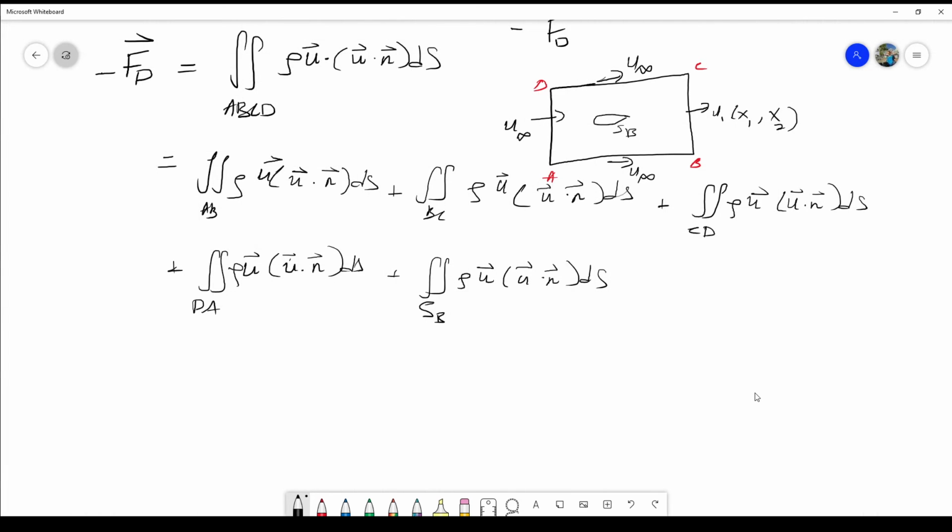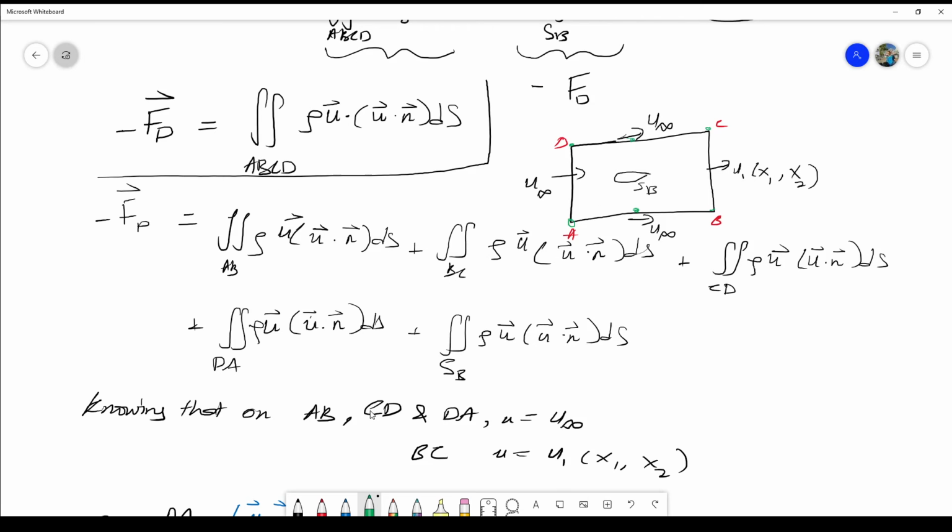If we expand the momentum equation that we derived just now over the control surfaces AB, BC, CD, DA, then we can rewrite these equations as shown here, which is Fd, equal to the integrations of the right hand side of our momentum equation on each of the control surfaces AB, BC, CD, DA, and we also do the same on the wing surface.